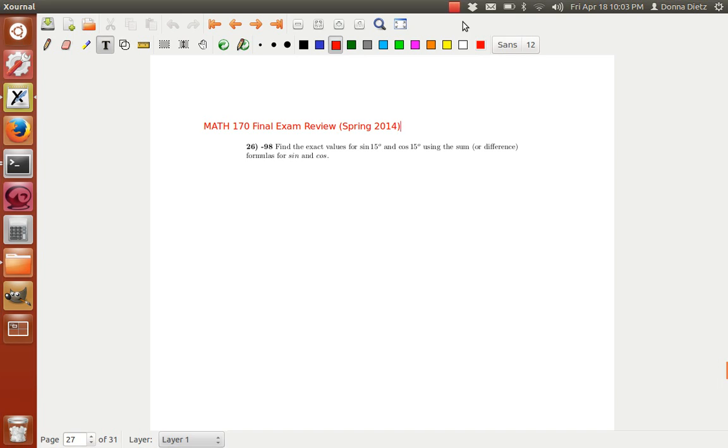So this is testing to see if you've got the sum or difference formulas for sine and cosine down. Alright, so what we want to do here is just jot down the formulas.